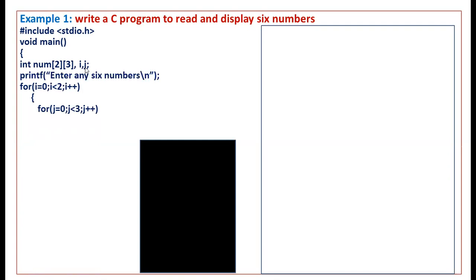The size of column is 3, that's why I have written the maximum number, that is 3. Inside this second for loop, we need to write scanf. Now, to display also, we need to use 2 for loops.